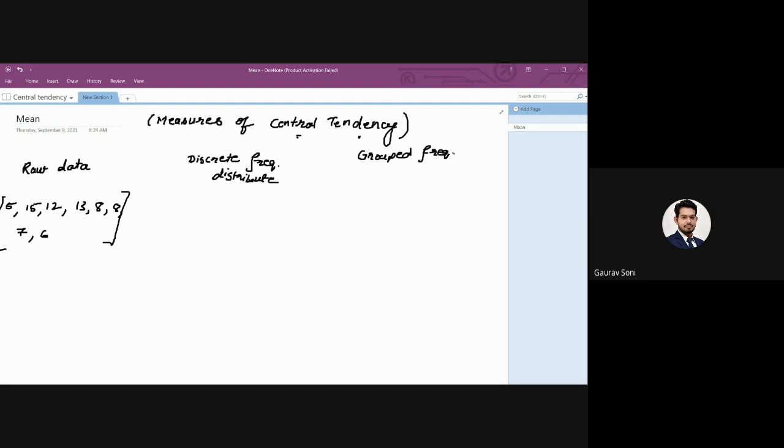What we mean by discrete is we have a certain variable x and we have the frequency around it. So I'll have x as 0, 1, 2, 3, 4, 5, and the frequencies 3, 1, 1, 5, 8, 7.